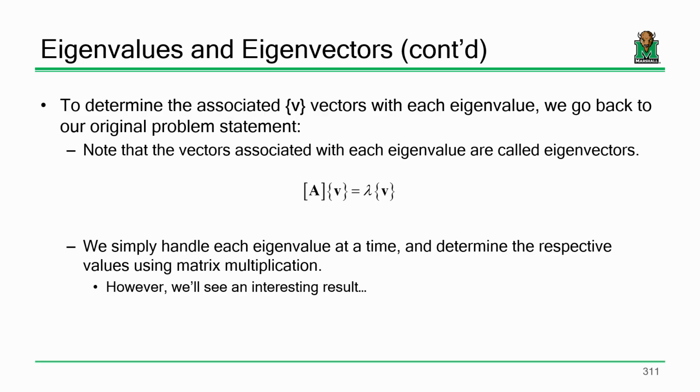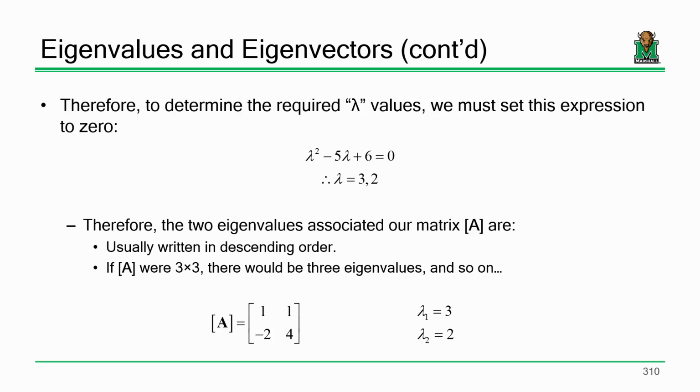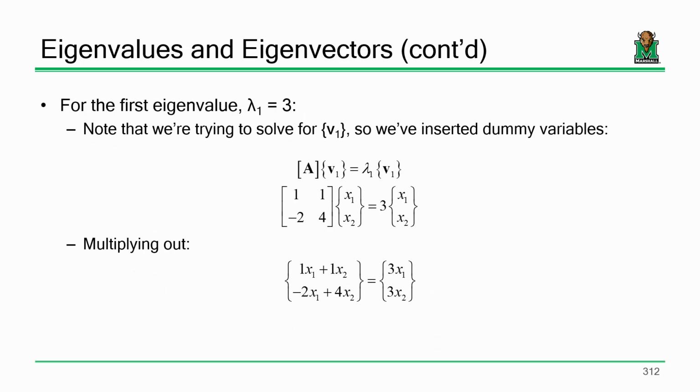Now, how we do that, we basically just plug and chug and see what we get. Our eigenvalues for this problem were 3 and 2, right? Everybody okay with that? All right, so let's start off with the first one, 3. Here's our problem: A times V equals lambda times V. Now, we don't know what the vector is. That's the whole point. We're trying to determine what V is in this problem.